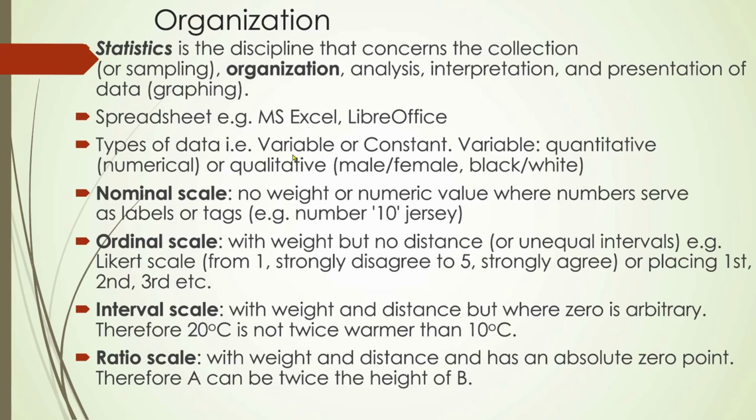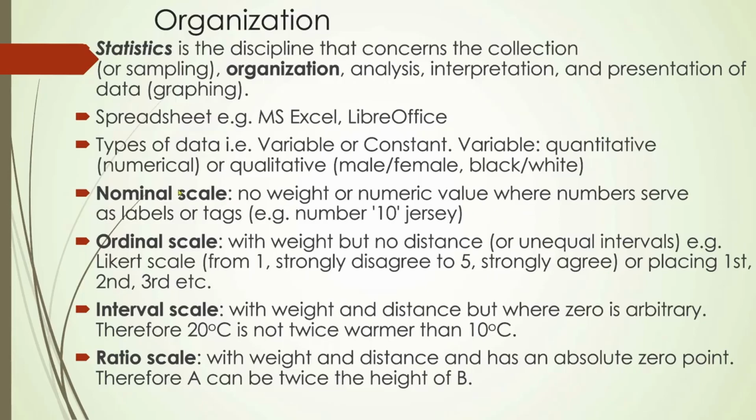You have different types of data. For example, you have variable and constant data. Among the variables, you have quantitative, which is numerical data, or qualitative, which means either male, female, black, white. These are qualitative data.